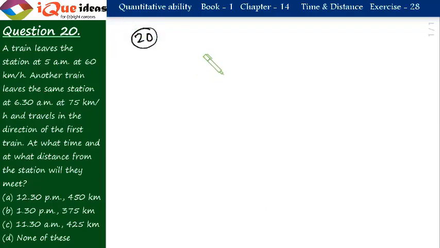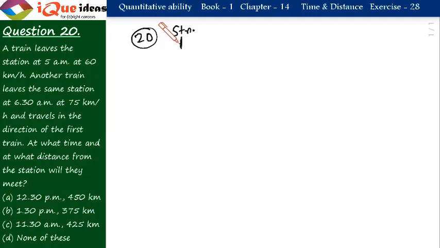It says a train leaves the station at 5 a.m. at the speed 60 kilometers per hour. Another train leaves the same station at 6:30 a.m. Okay, so from 5 a.m. to 6:30 a.m., that is 1.5 hours, only the first train is traveling. Suppose this is the station.